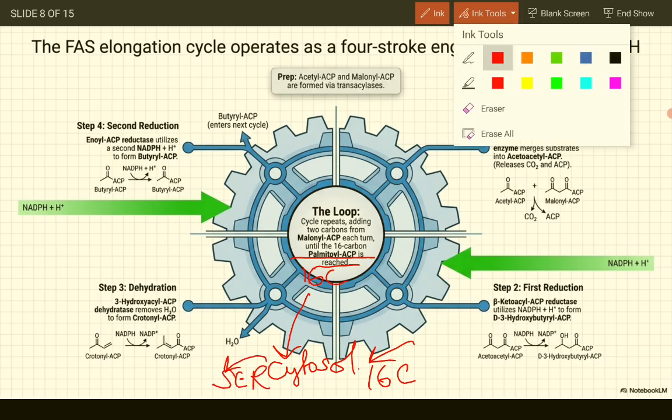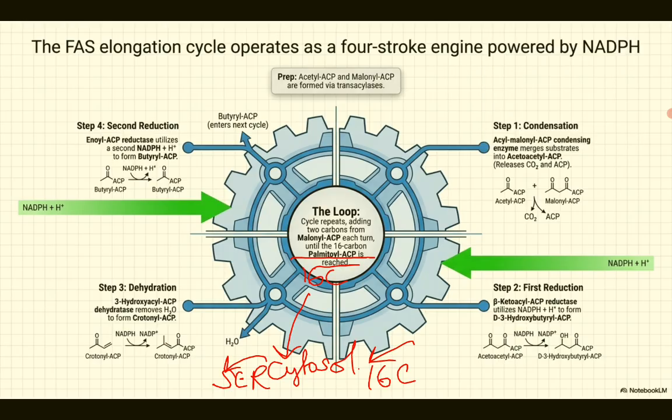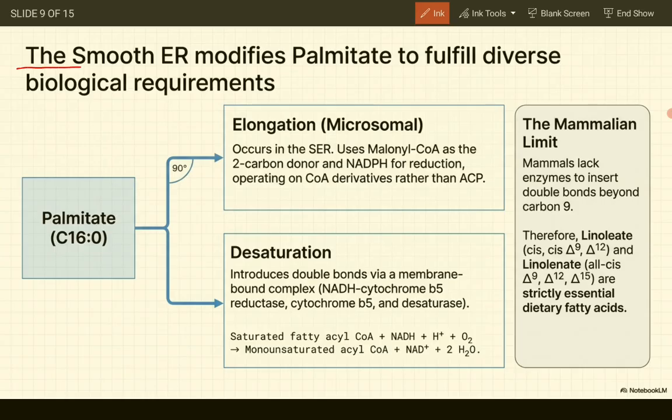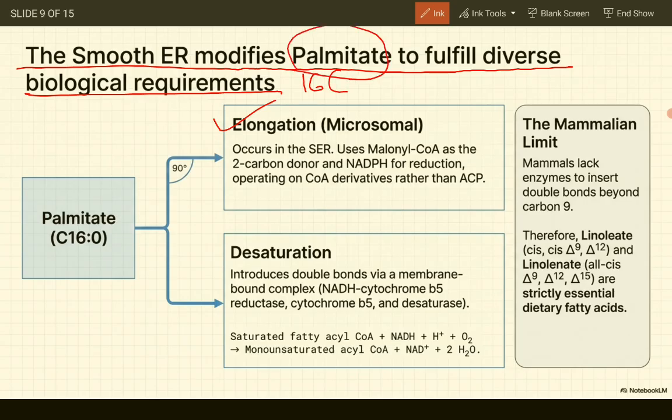So let's move on to the next slide. The smooth endoplasmic reticulum moves palmitate to fulfill diverse biological requirements. There are two processes that occur. First is elongation. After 16-carbon palmitate has been produced, the body requires fatty acids with more carbons, for example 20-carbon arachidonic acid, or fatty acids with 36 carbons.